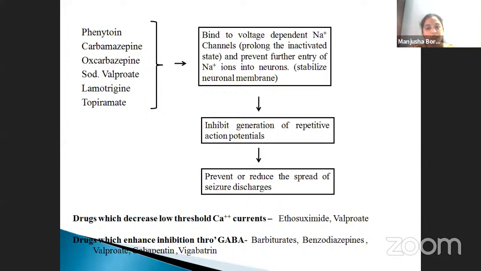Some more drugs are ethosuximide, which is the best drug of choice for absence seizure, and valproate. They produce the effect by blocking the low threshold calcium current. Barbiturate, benzodiazepine, valproate also produce the effect by enhancing inhibition through the GABAergic receptor mechanism.